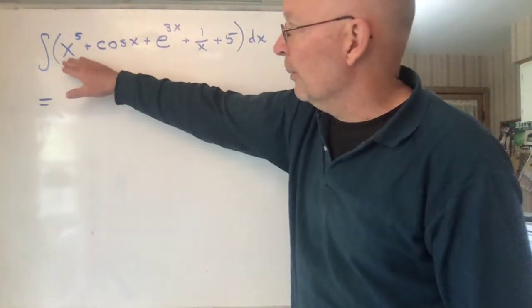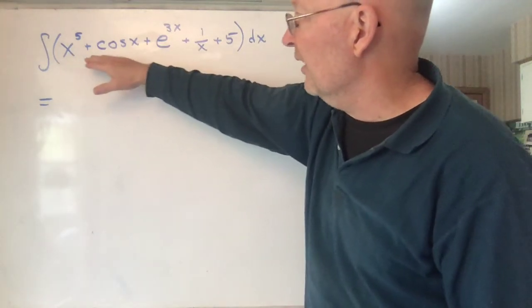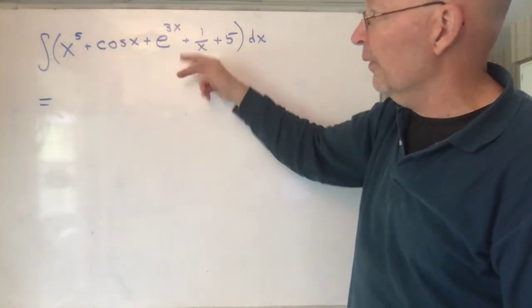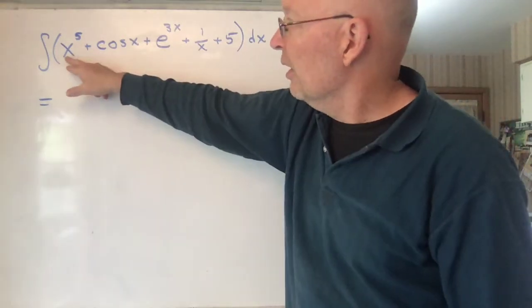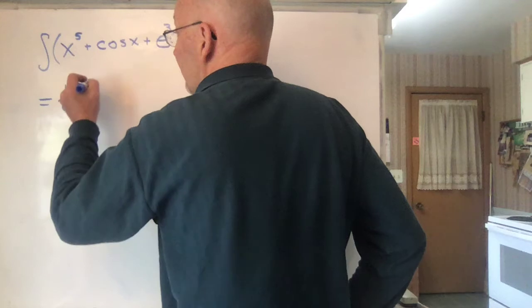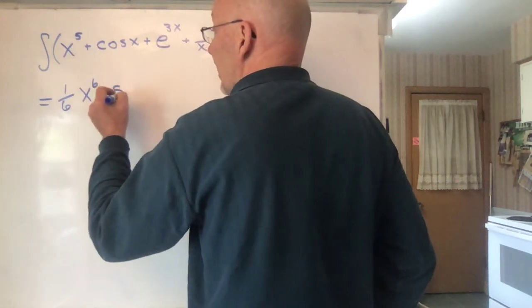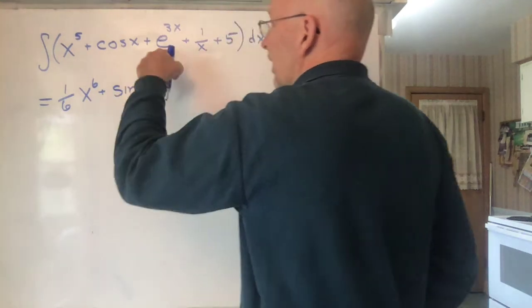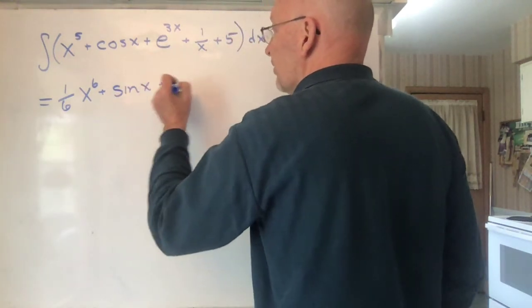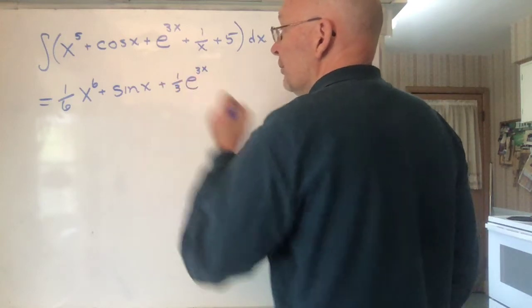And you can, in the same way that you take the derivative of each one at a time, just take the antiderivative of each one at a time for the complementary reason. So the antiderivative of this is going to be 1/6 x to the 6th. The antiderivative of cosine is sine of x. The antiderivative of e to the 3x is e to the 3x times 1/3, right?